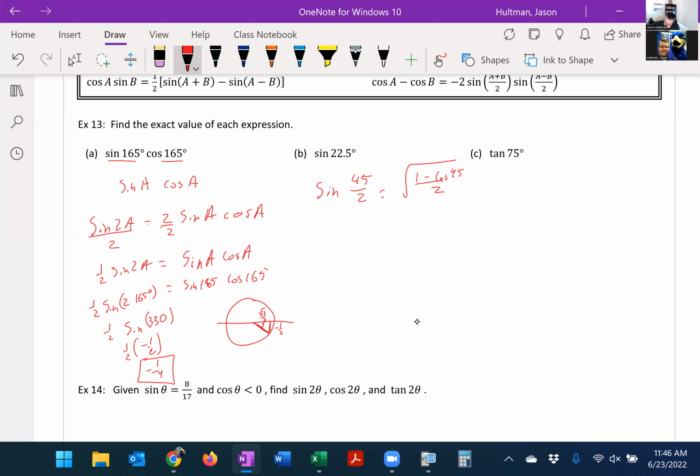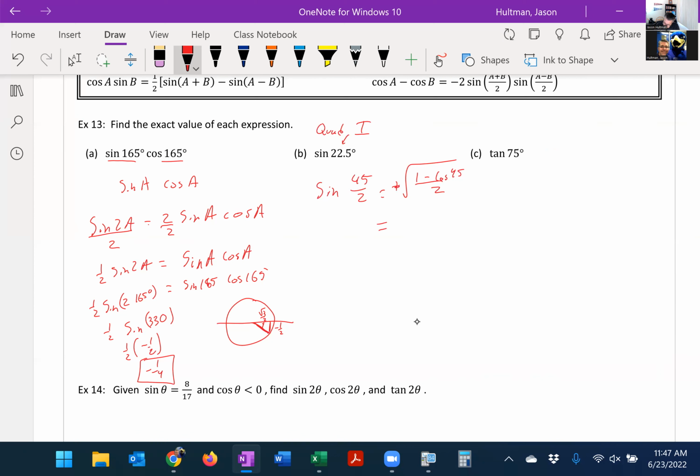And this is in the first quadrant, so I know that that's going to have to be a positive value. Sine is always positive in the first quadrant, so this should be a plus sign.